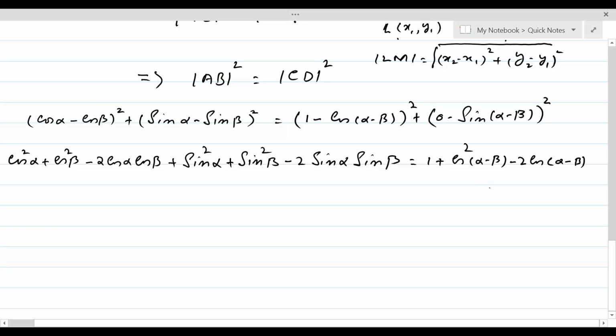And now this will be on the next line plus sine square alpha minus beta.